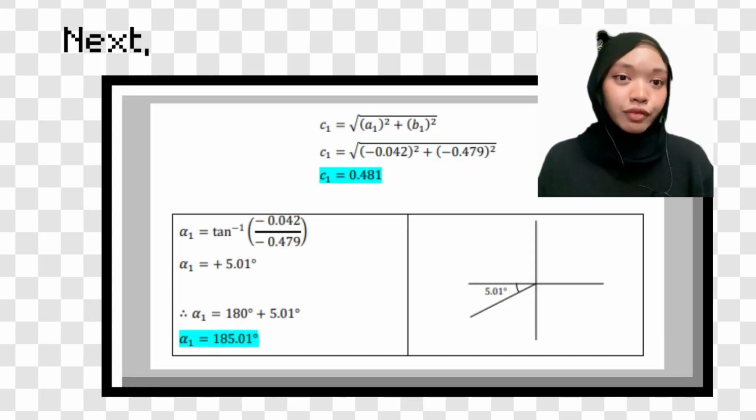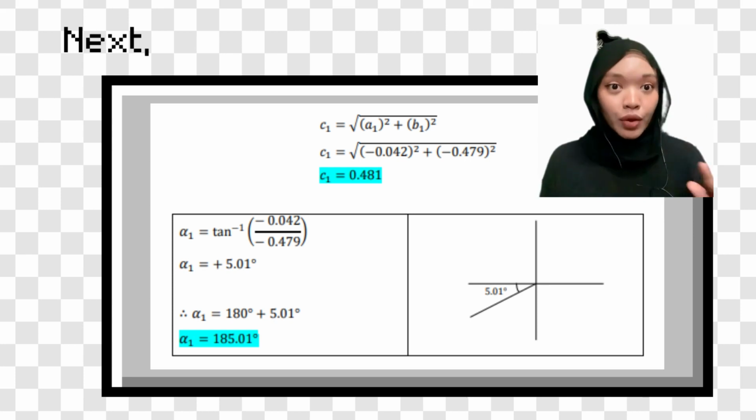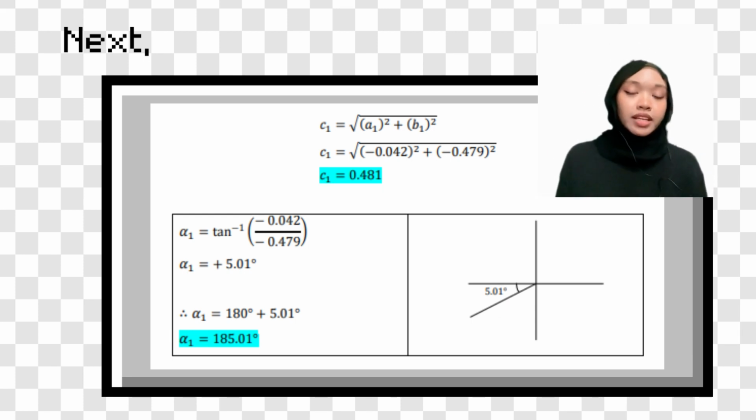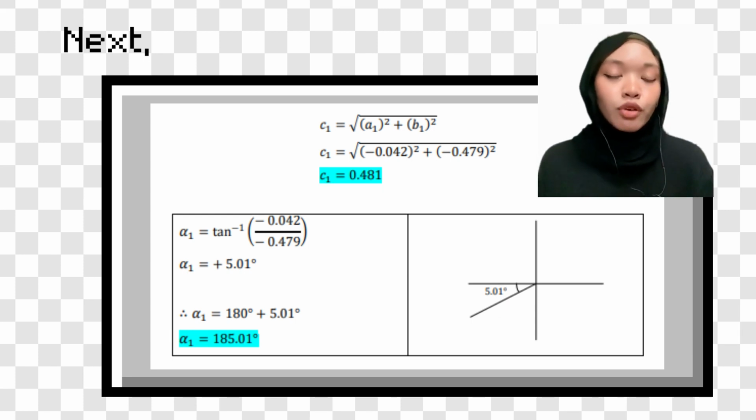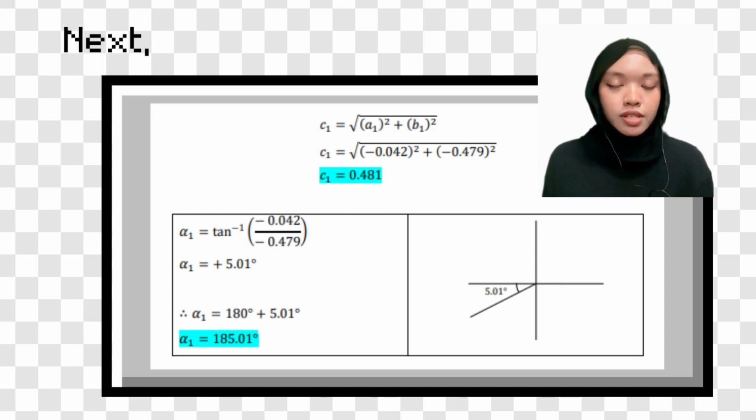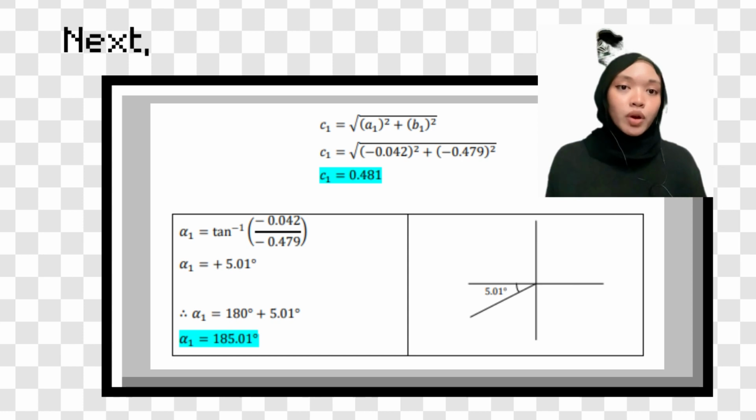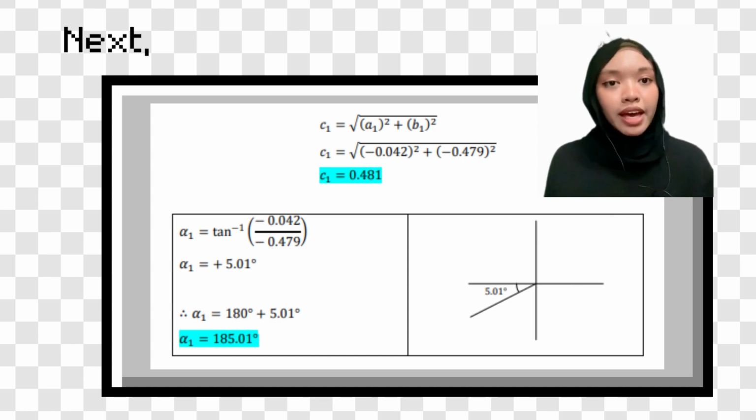Now we already have the values for A1 and B1, so we can find the value for C1. The formula for C1 is square root of A1 squared plus B1 squared. After finding C1, next we have to find alpha 1 by using the formula tan inverse of A1 over B1. We get the values for A1 and B1 as negative, so the angle will be in the third quadrant.